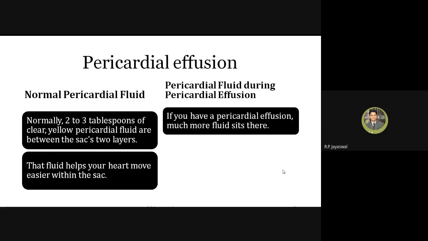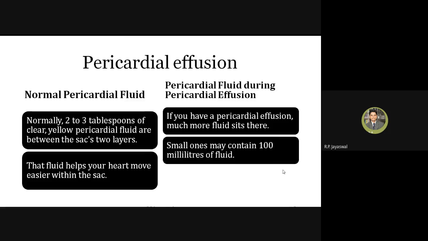But if you have a pericardial effusion, much more fluid sits there. Here we can see the pericardial effusion condition. The fluid's volume increases. Normally we have 2 to 3 tablespoons, but small ones may contain 100 ml of fluid. So in mild cases of pericardial effusion, a minimum of 100 ml of fluid can be present in the pericardial cavity.